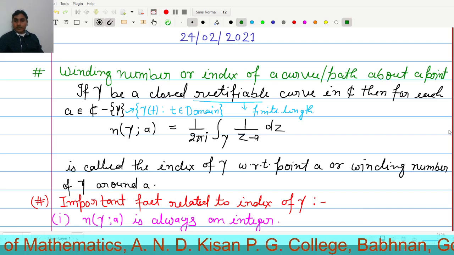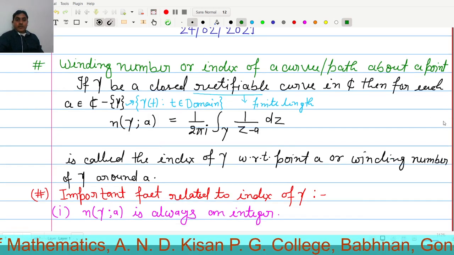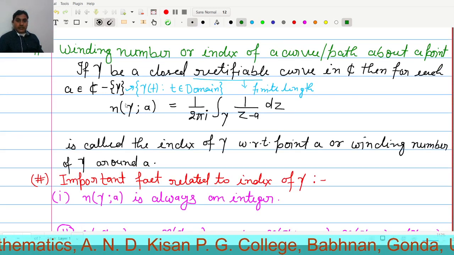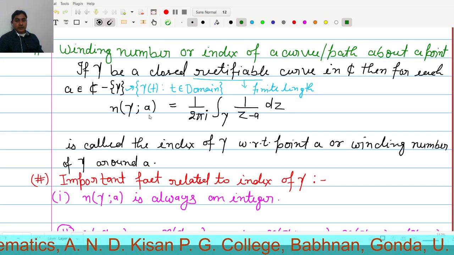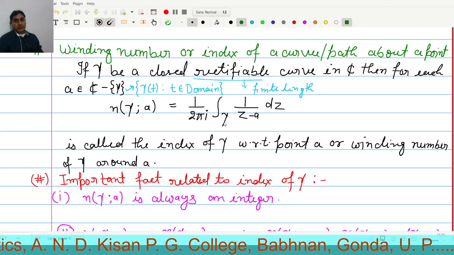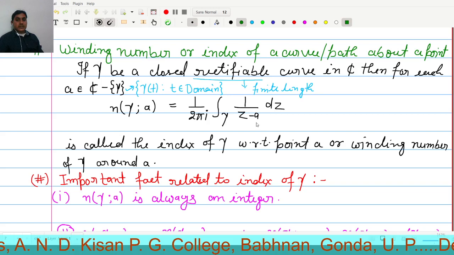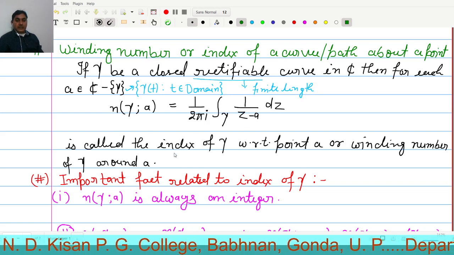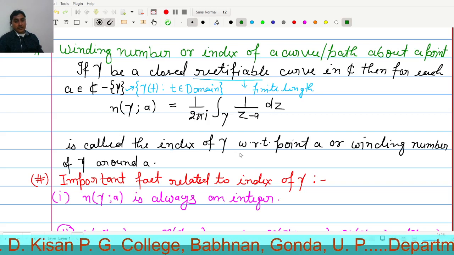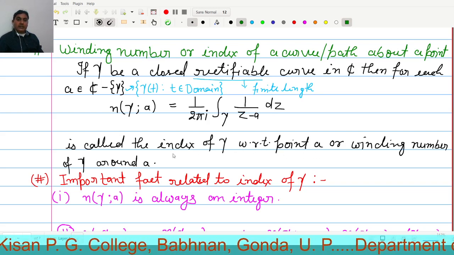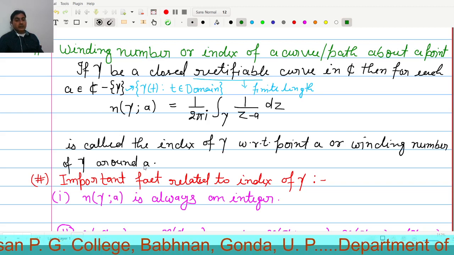So, its winding number is defined by, and it is given by, the winding number of gamma about a, which is equal to 1 upon 2 pi i, integral over gamma of 1 over z minus a dz. This number is called the index of gamma with respect to point a, or winding number of gamma around a.